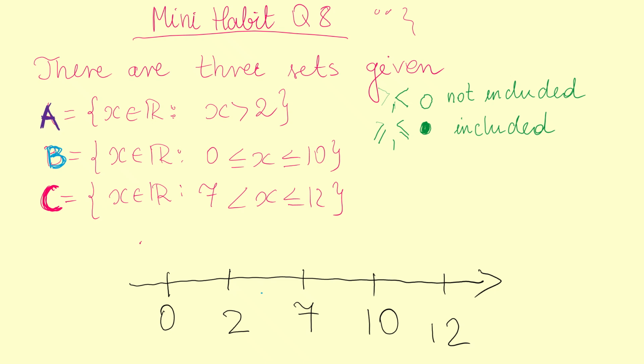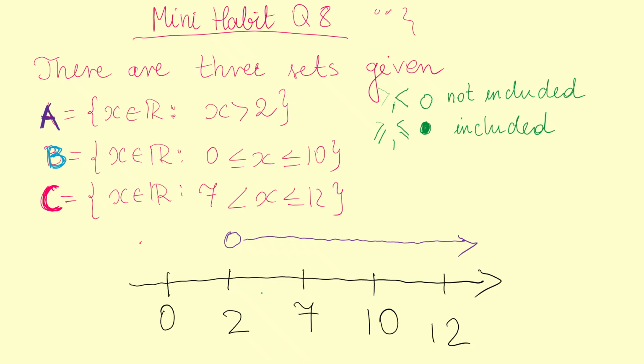Now set A, I'm using a purple pen, so set A means all the numbers which are bigger than 2. Because they are bigger, they cannot be 2, so I'm labeling them like this.